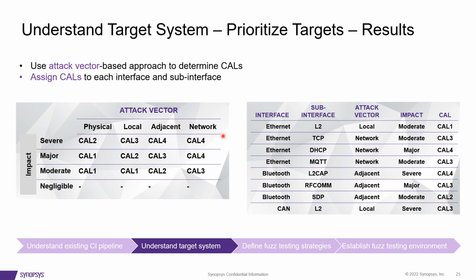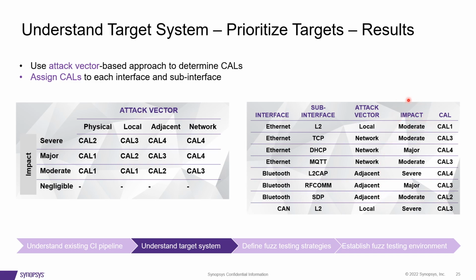And again, as mentioned, a higher CAL would indicate a higher level of assurance needed for that particular, for example, interface over a network with impact severe. And on the right-hand side, we then have the different interfaces for our target system, the sub-interfaces, and as mentioned, the attack vector corresponding to those interfaces, and the impact.